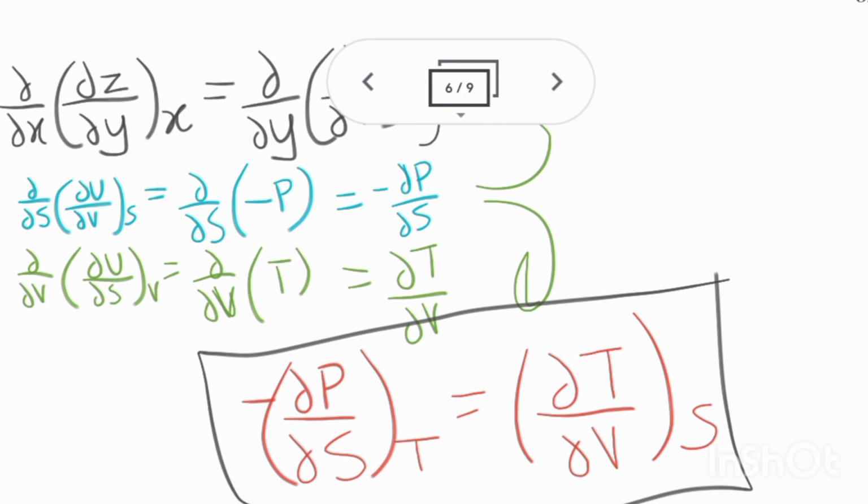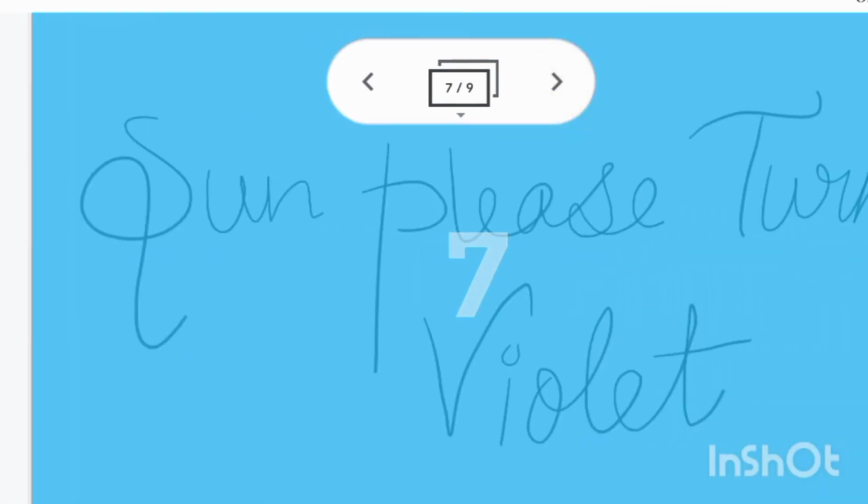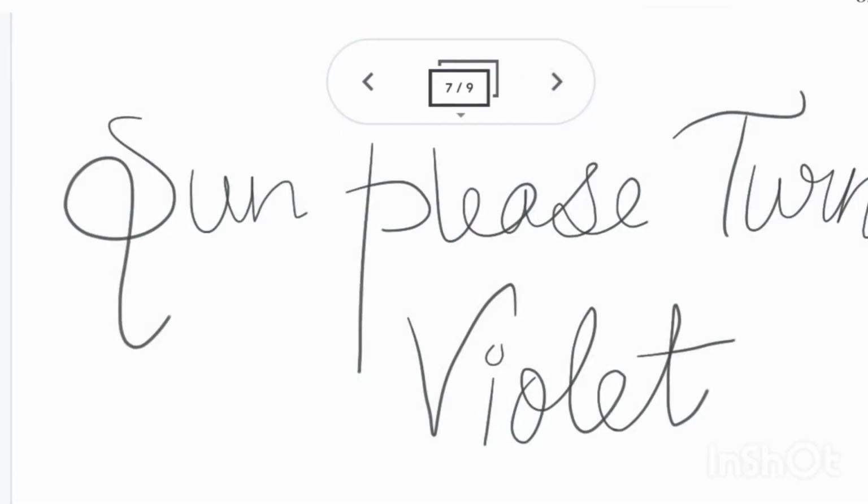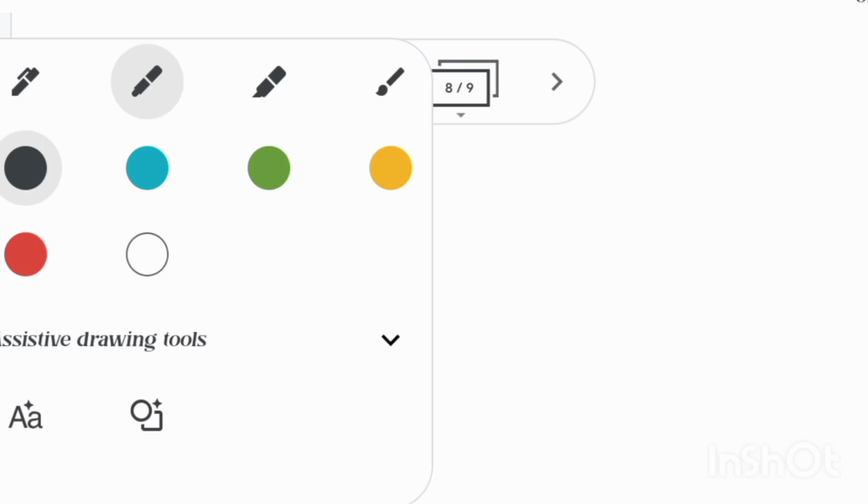Now coming to the trick which will be very useful in calculating Maxwell relations, this is really incredible. First you have to learn a mnemonic called "Sun please turn violet." If you learn this, that's enough. So let me write it carefully: Sun please turn violet.